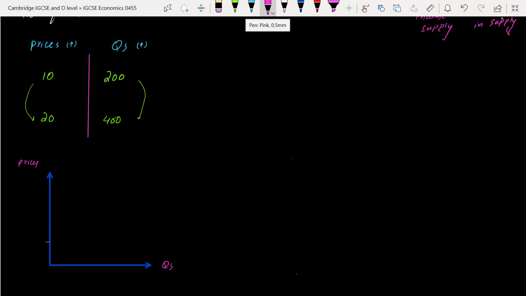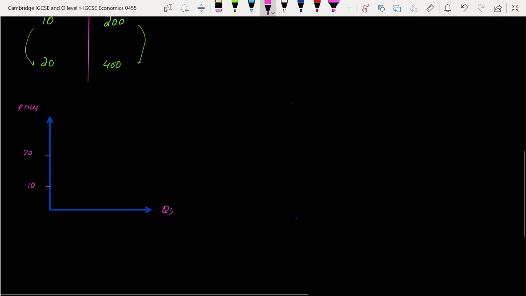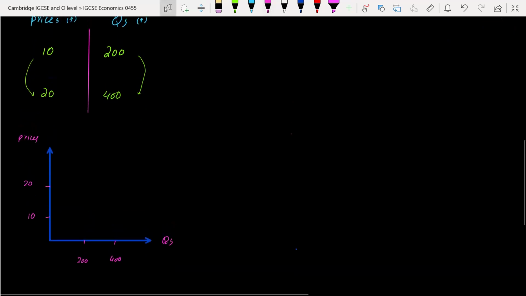I will label here 10 and 20. Even though you can write P naught or P1, I think it will be easy. 200 and 400.